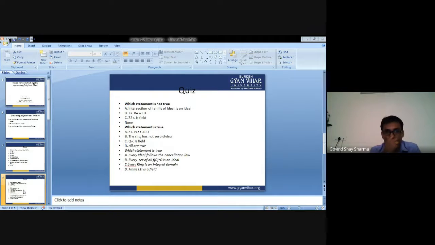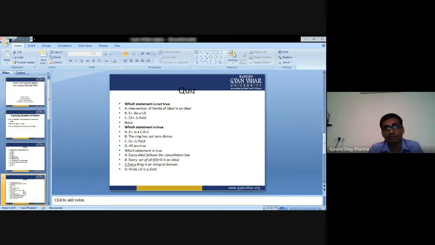Which statement is not true? Intersection of a family of ideals is an ideal, right? Z plus is an integral domain, and Z2 is a field. Z plus is an integral domain, that's right, because it has no zero divisor.